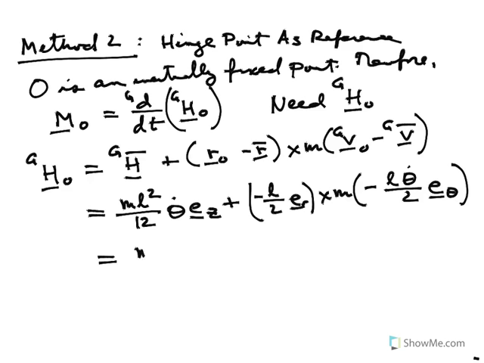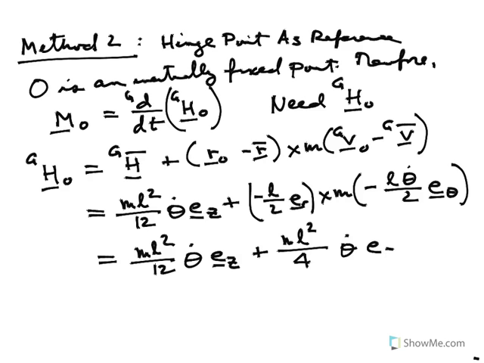So this equals ml squared over 12 theta dot EZ, and then we've got ER crossed with E theta is EZ, so we get plus ml squared over 4 theta dot EZ. Okay, so that equals ml squared over 3 theta dot EZ.